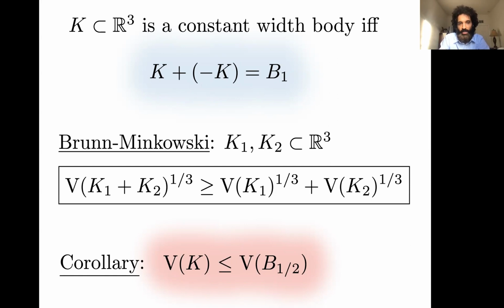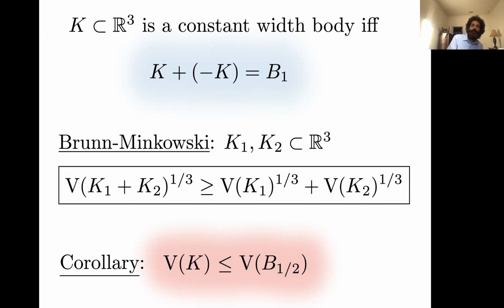And using that equation with the corresponding Brunn-Minkowski inequality in R3, which states that the 1/3 power of the volume is concave, or superlinear, then just retracing our steps for what we did with the area, we may conclude that the volume of K is bounded by the volume of the ball of radius 1/2, and uniquely so, in fact.